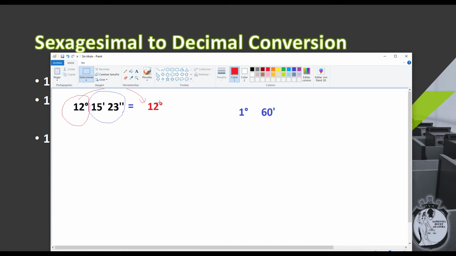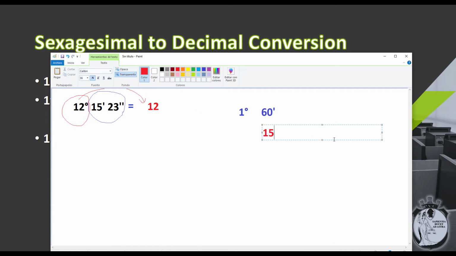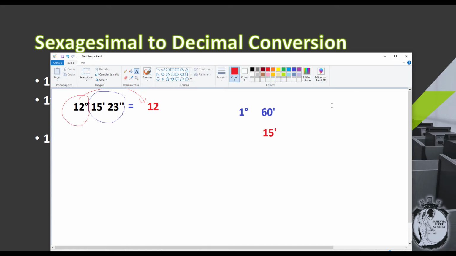Well, now we need to convert 50 minutes to degrees. So 50 minutes, how many degrees are they?